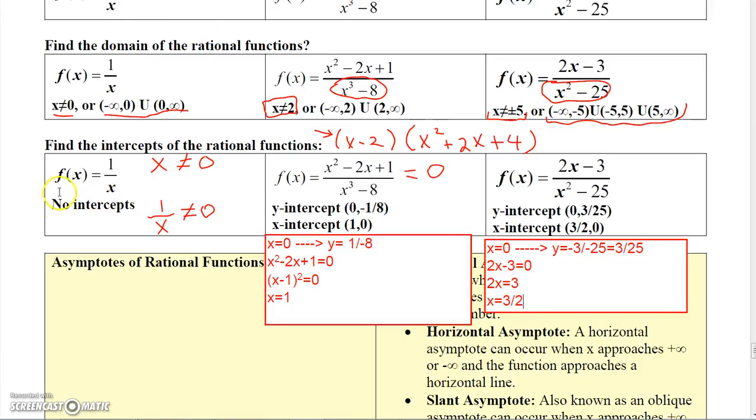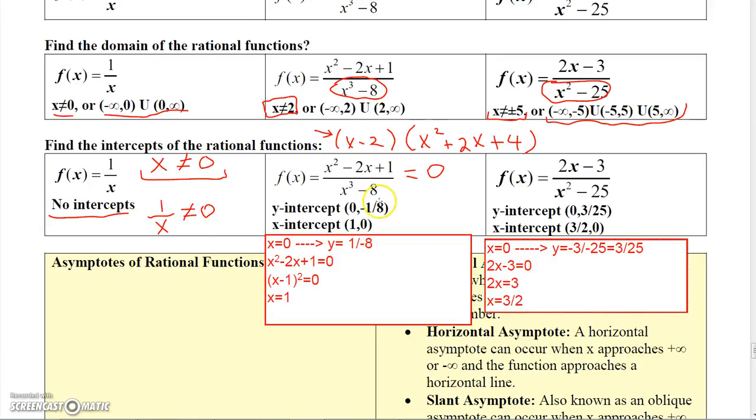So now let's talk about the intercepts of these three functions. This function, you would normally let x be 0 and see what y equals to get the y-intercept, but x cannot be 0 in this one, so there's no y-intercept. And then you would set the function equal to 0 and solve for x to get the x-intercepts, but there's no way that 1 over x can equal 0, so you don't have any intercepts for this one.